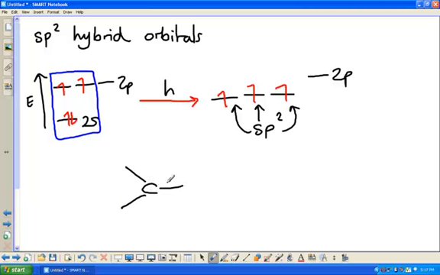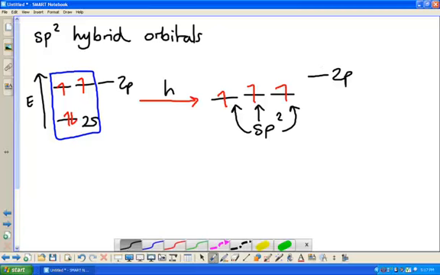Alright. Now, you guys know carbon likes to make 4 bonds. This is only making 3 right now because we've only looked at the 3 hybrid orbitals that we've made. The 2p orbital is still present on the carbon. So really, if I just erase these, because I'm going to show you what the orbitals actually look like here.